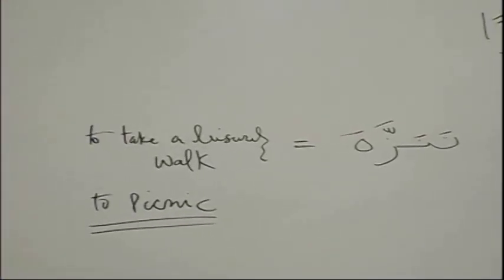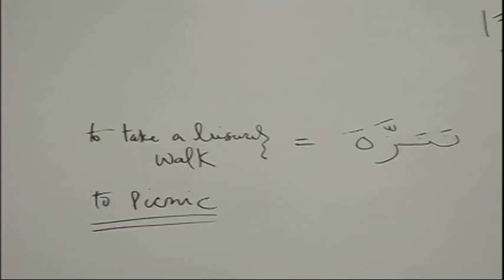So here we have kharajna. We came out. In what state? Natanazzahu. To go for a leisurely walk. Okay? So what is natanazzahu? It is jumla fi'liya.